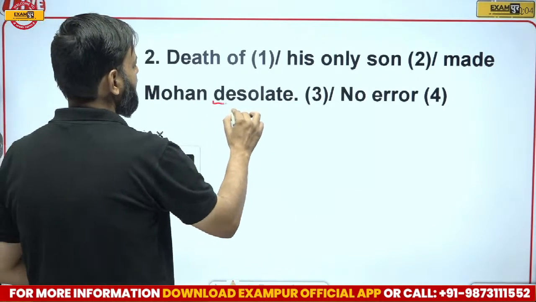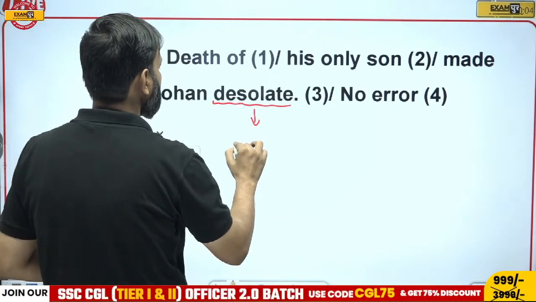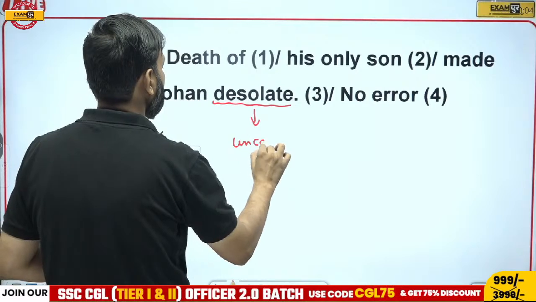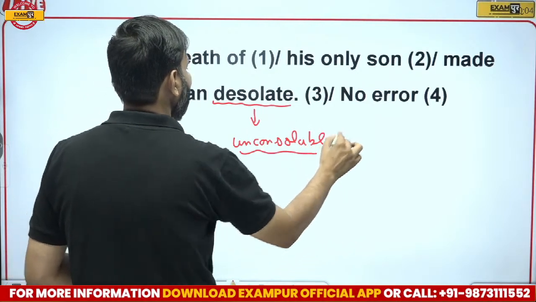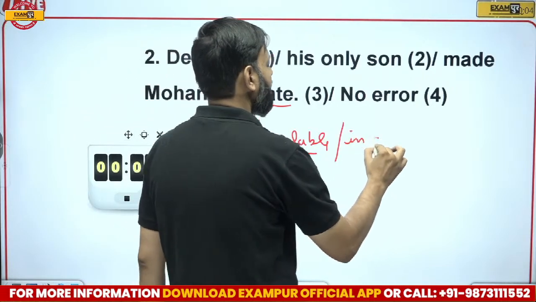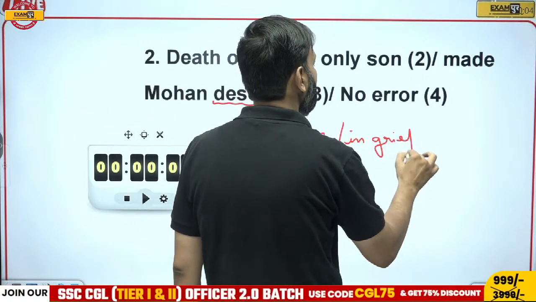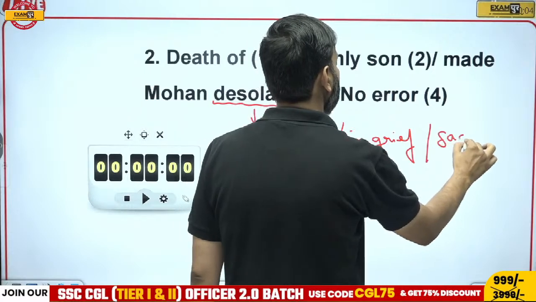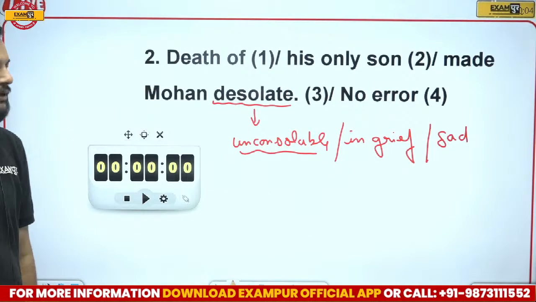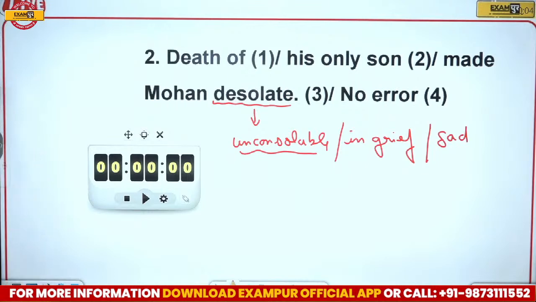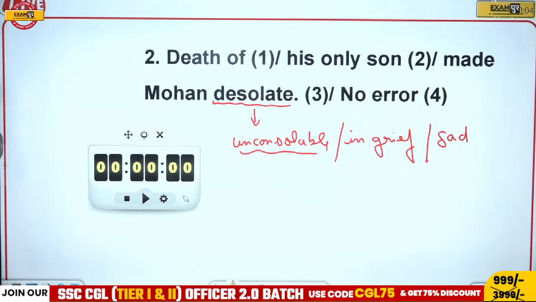The meaning of desolate is unconsolable, in grief, sad. So, death of his only son made Mohan desolate. What is the error in this sentence?